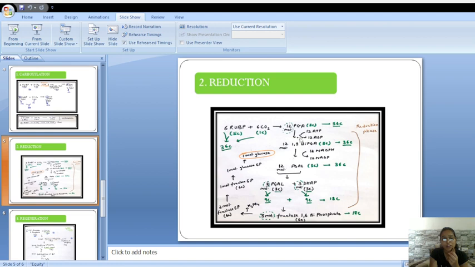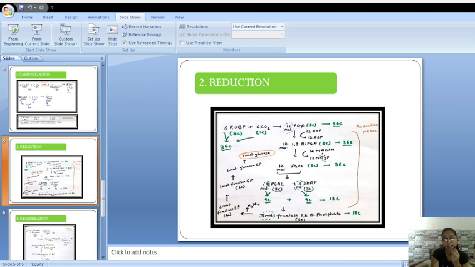So in the very first step of the reduction, the phosphorylation step takes place. The PGA molecule is phosphorylated and becomes 1,3 bisPGA. Again, the carbon number is the same, 36. Now the second step is the reduction step.